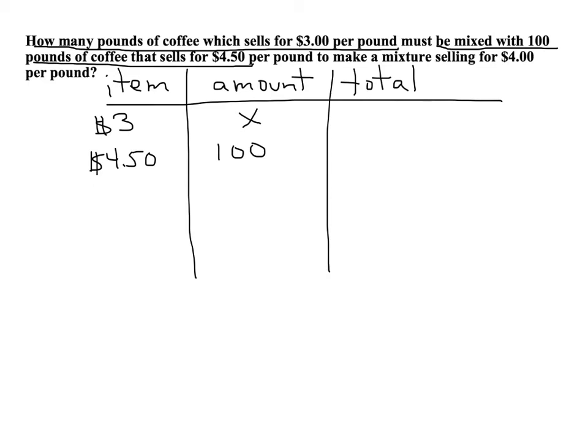Whenever I do the chart method, if you multiply the item times the amount, that's always going to give me the total. So the total of my first row is 3x, and the total of my second row is $4.50 times 100.